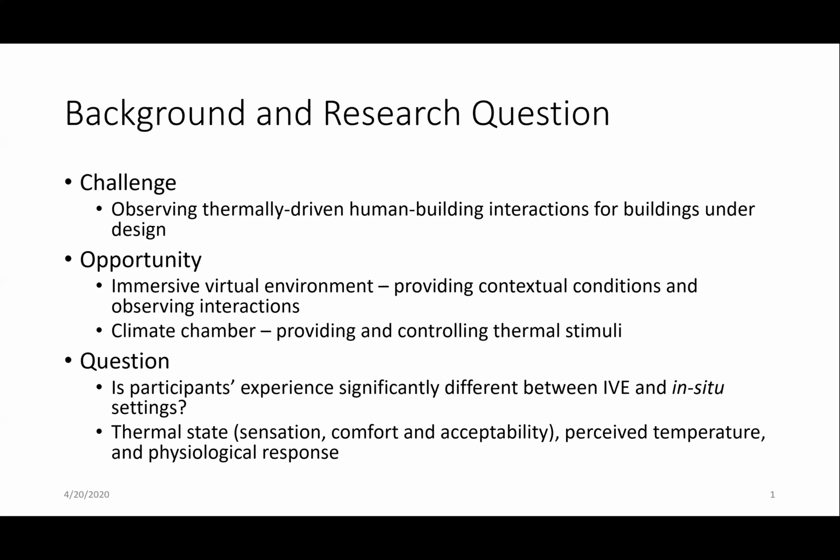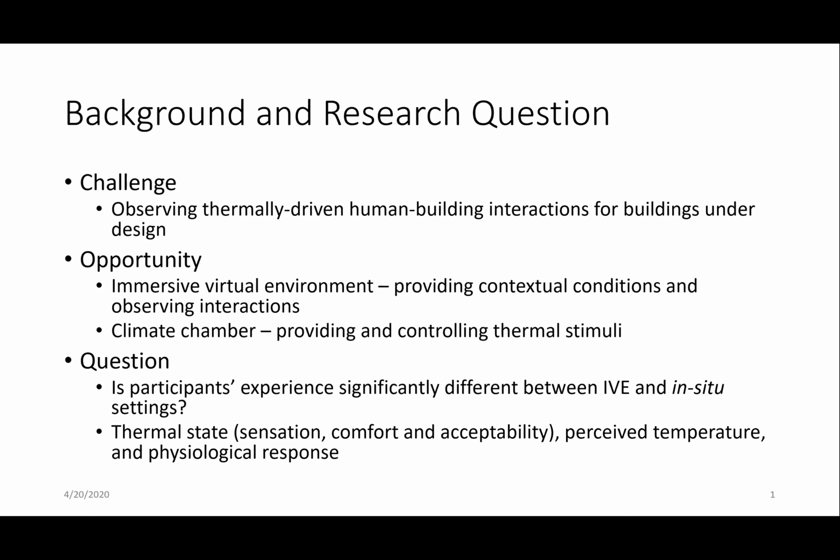We all know that immersive virtual environments are good for visual related studies, like design validation. But for studying thermally related aspects, we need an additional tool.